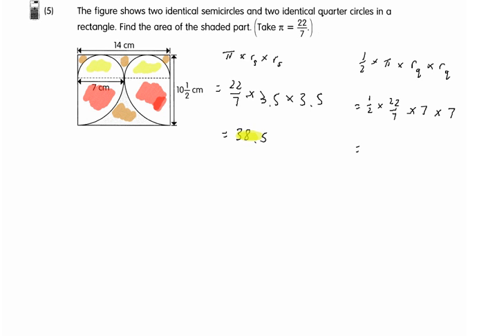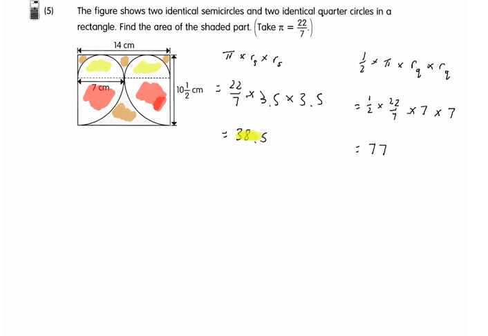Alden, tell me what's the answer? 38.5. Hey, hello, calm down, Alden. Quadrant what, right?